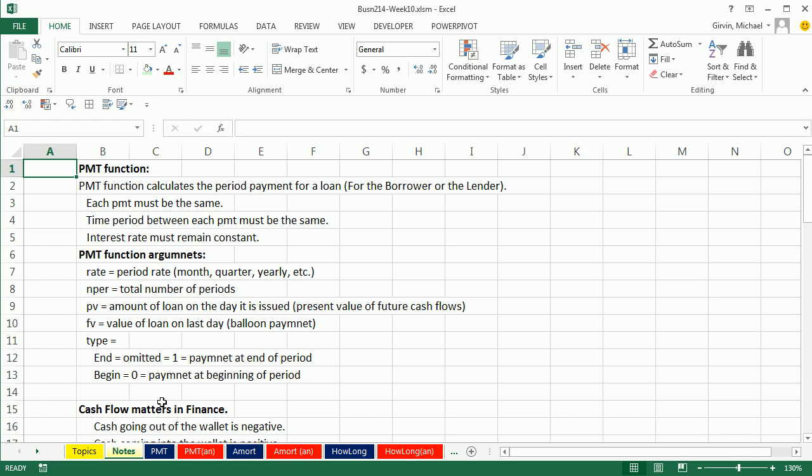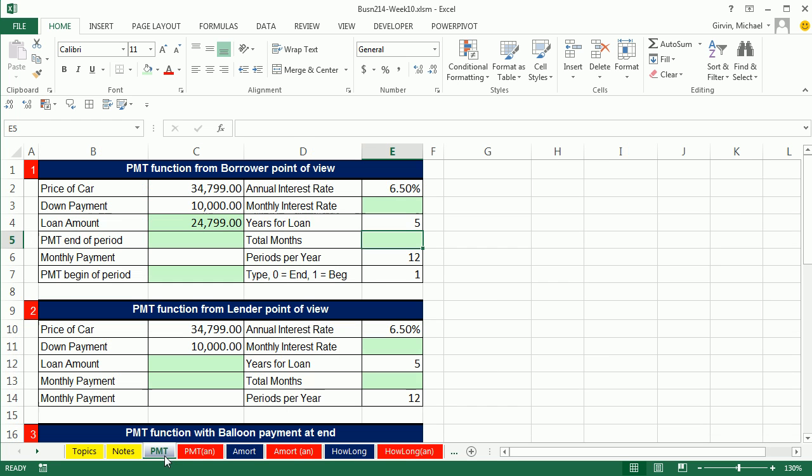All right, let's go over to our first sheet, PMT, and we want to see 5 amazing examples for the PMT function. Now here's the situation. We have a car. There's the price. That's how much we've borrowed. And we need to figure out what our monthly payment is. Now, when you go to get a loan, they almost always quote you the annual rate.